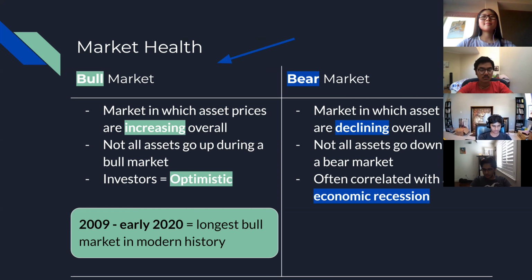Since then the stock market has recovered, and we have surpassed the highest value of all time. So we're currently at an all-time high in the S&P 500. Bear markets are usually associated with economic recession. Of course, the stock market isn't really a good indicator for recession, so we can't rely on that completely.